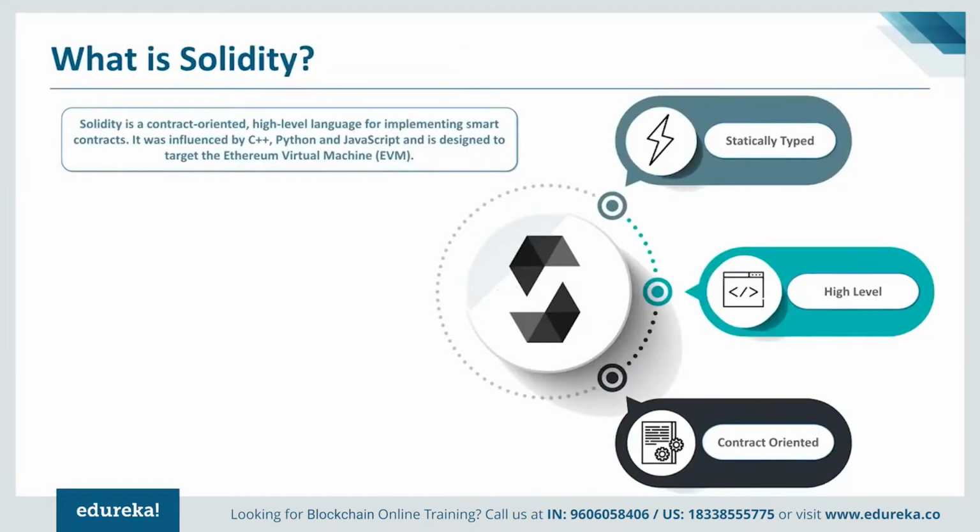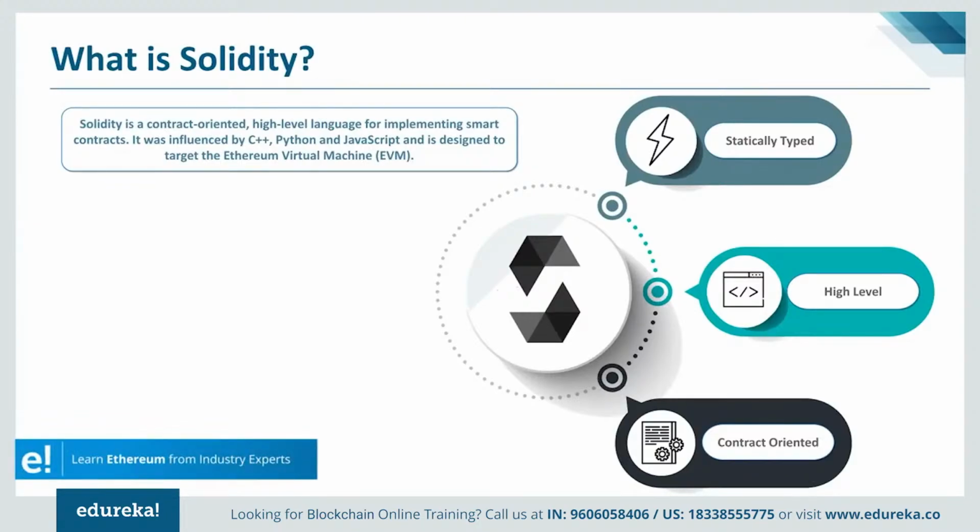As you guys can see, the definition of Solidity is that Solidity is a contract-oriented high-level language for implementing smart contracts. It was influenced by C++, Python, and very heavily by JavaScript, and is designed at targeting the Ethereum virtual machine. Many of you must be asking at this point: why can't we write our contracts in languages that we are familiar with like Java or Python?